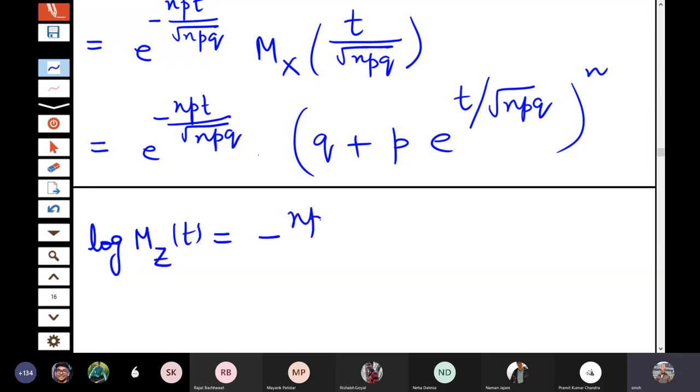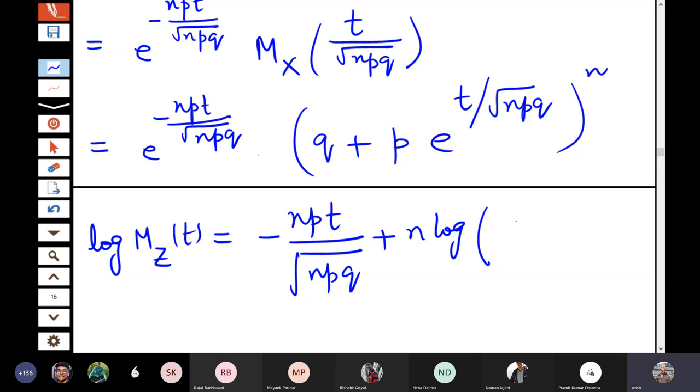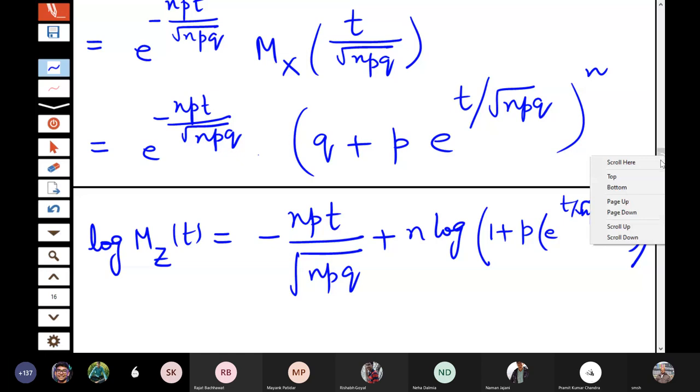This will give me minus npt by root npq plus n times log of 1 plus p (e to the power t by root npq minus 1). I have written q as 1 minus p and adjusted the term. This has a certain advantage.